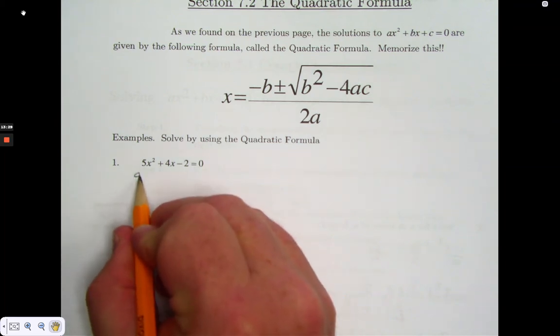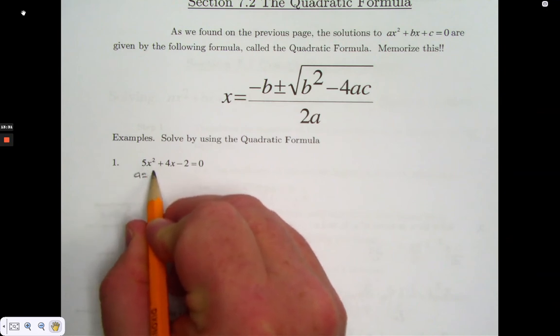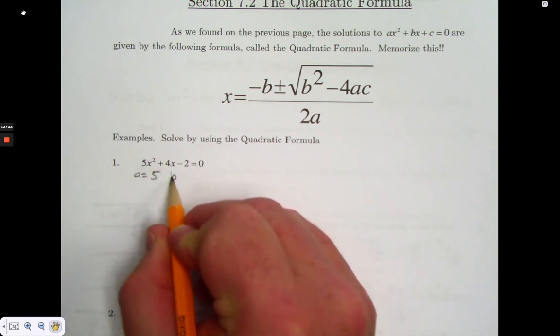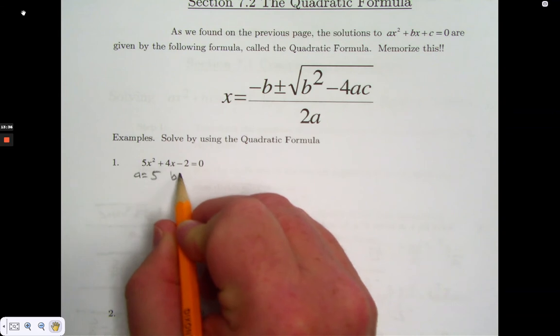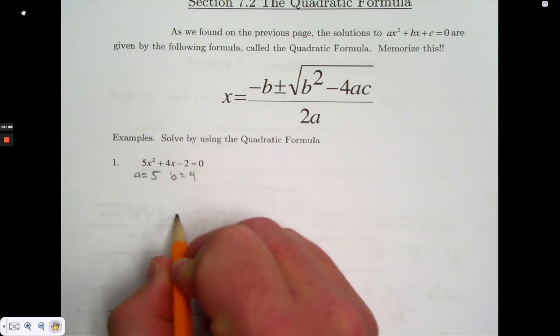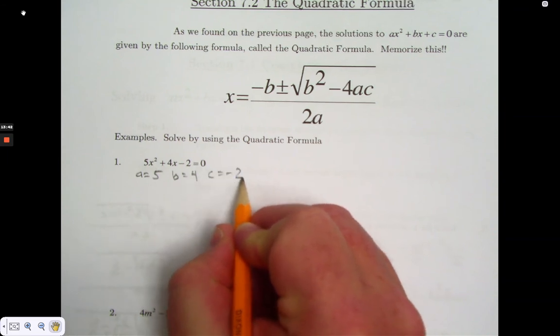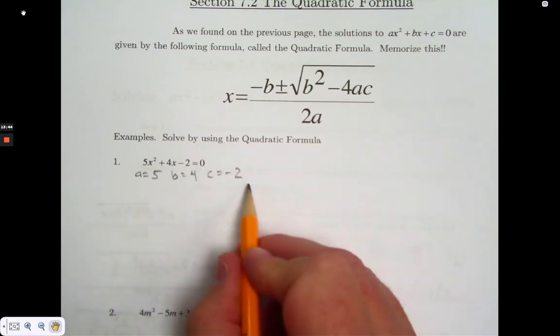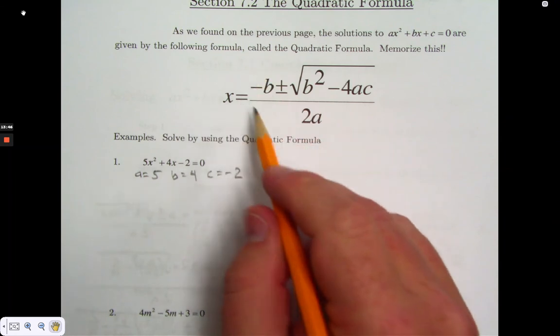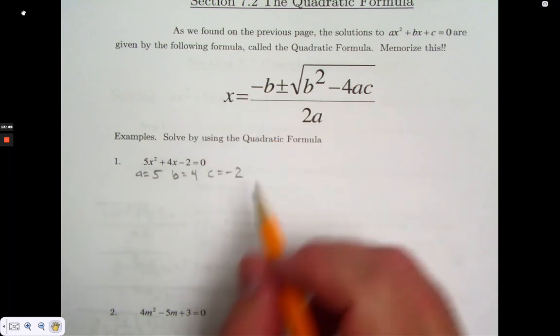So A, the coefficient of our x squared term, would be 5. B, the coefficient of our x term, would be 4. And C is the constant at the end. Once I've identified these, I can use this equation right here to get our answers.